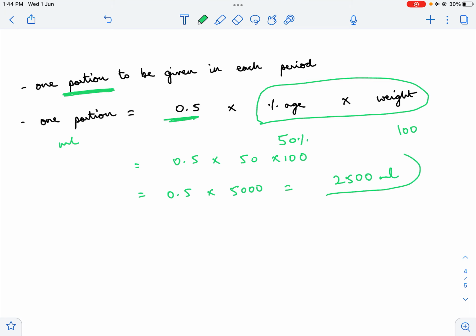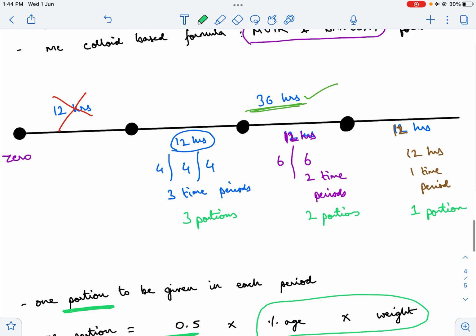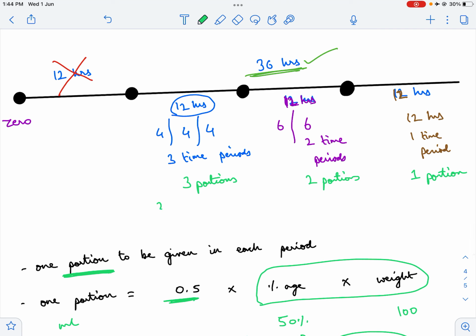So 2500 ml is in one portion. So here he will receive three portions. So he will receive 2500 into 3 equals 7500. Two portions, so 2500 into 2 is 5000 and into 1 is 2500 ml.